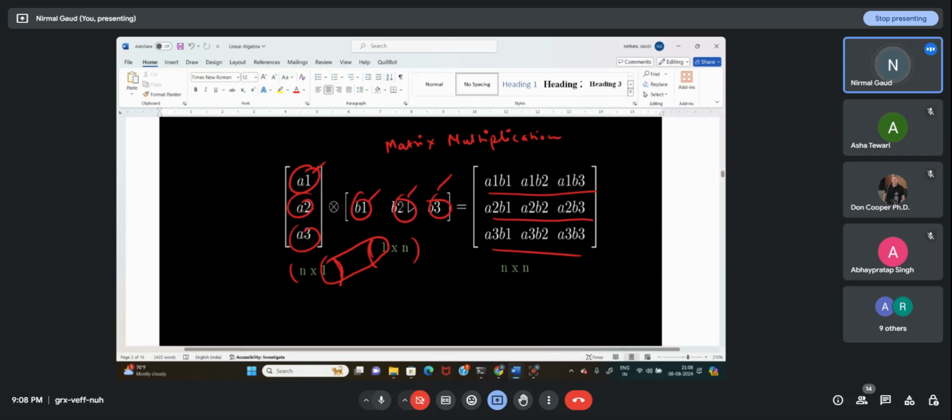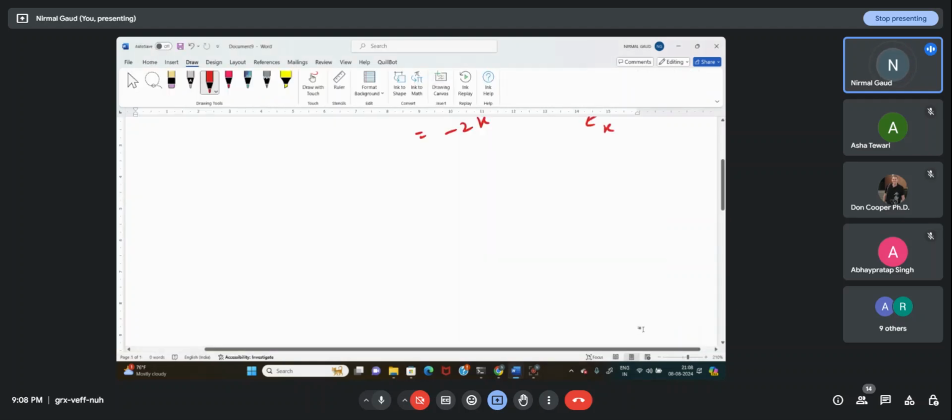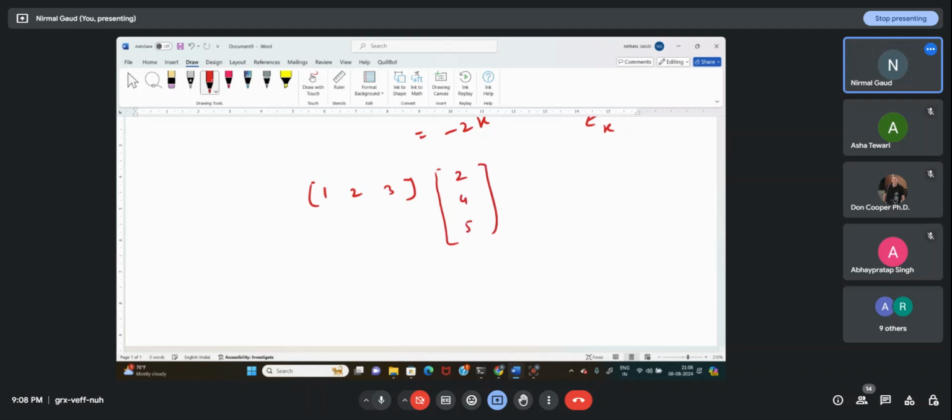If you want to check it separately, for example, this is 1 2 3, and this is 2 4 5. You want to perform the cross product.